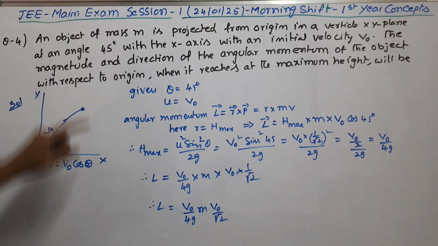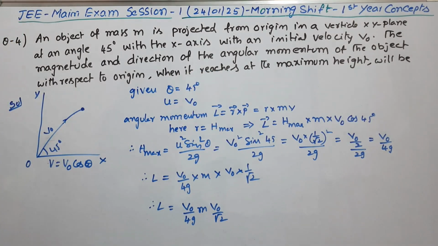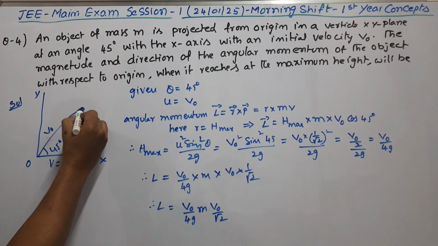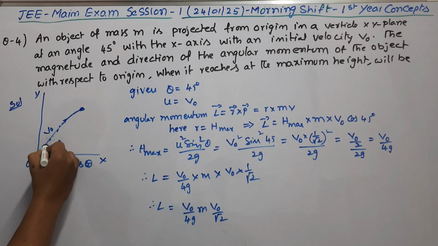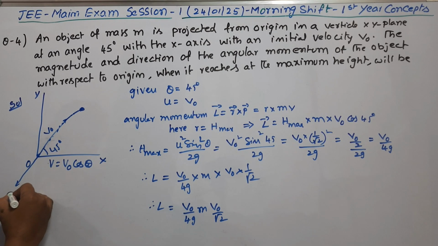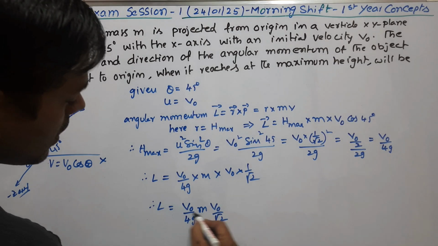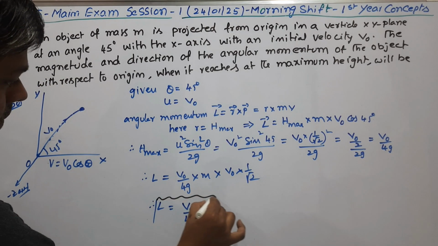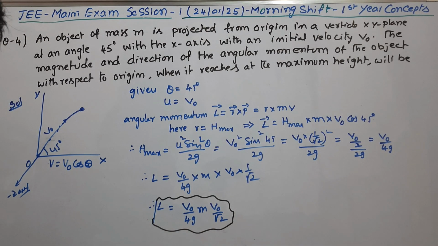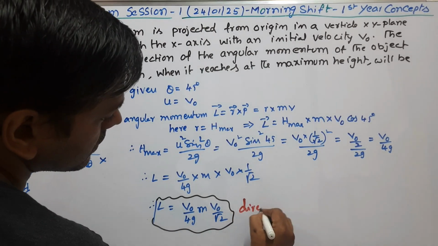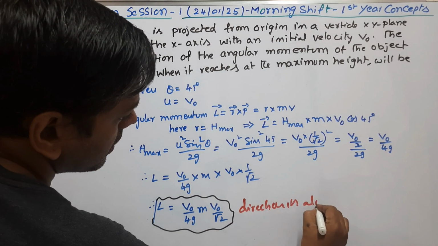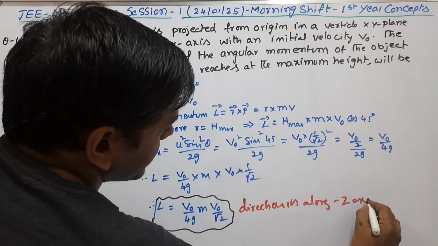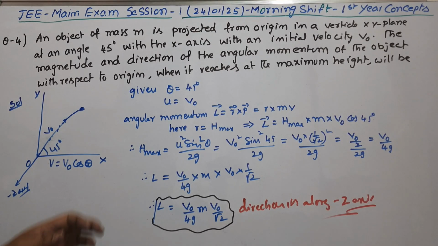This is the magnitude, and he is asking what is the direction. At its maximum height, angular momentum acts towards its center. That means it is acting along the negative z axis, isn't it? This is positive z axis, this is negative z axis. So this is the angular momentum magnitude, and the direction is along negative z axis. Right.